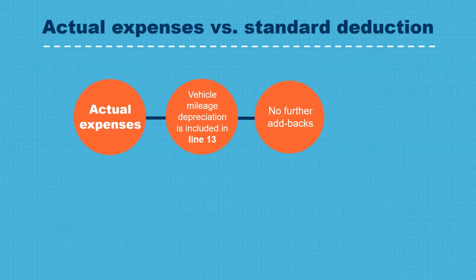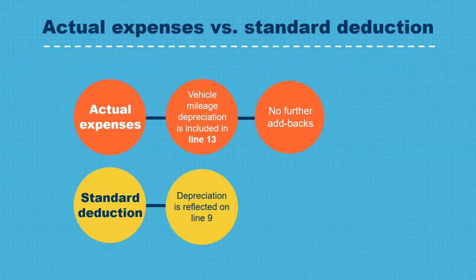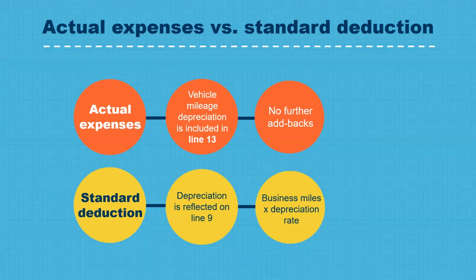What about an individual who opts to use standard deduction? In this case, vehicle depreciation is reflected on line number 9. We would then take the business miles and multiply by the depreciation rate for that particular tax year to come up with the vehicle mileage depreciation, which can then be added back.